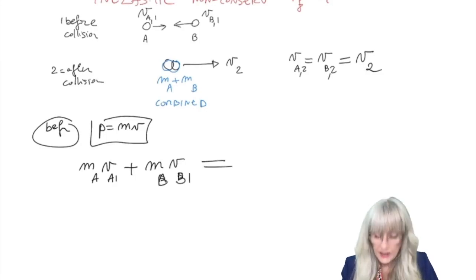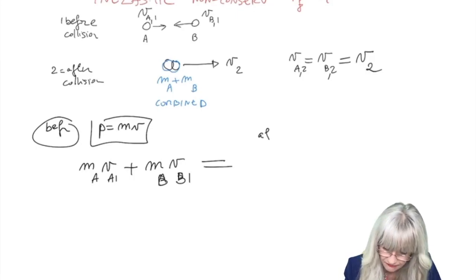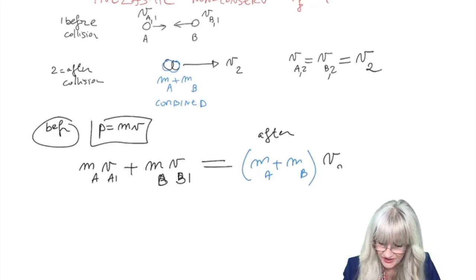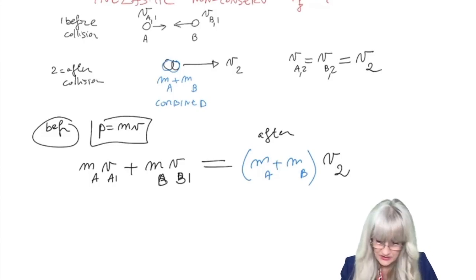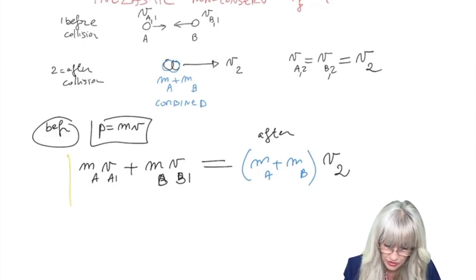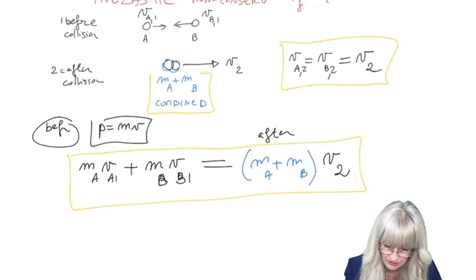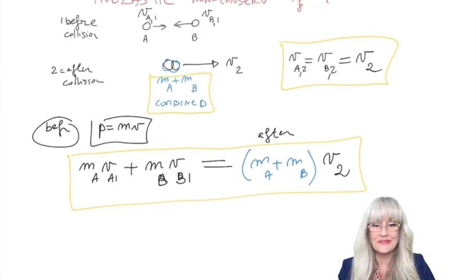This will be equal to, after the collision, the combined mass, and the velocity after this collision is going to be called V2. So this is a handy equation which I'm going to frame. This is a very important condition, and also this one is very important.